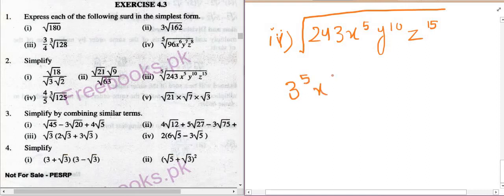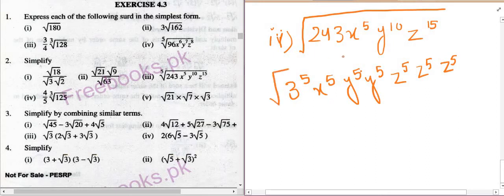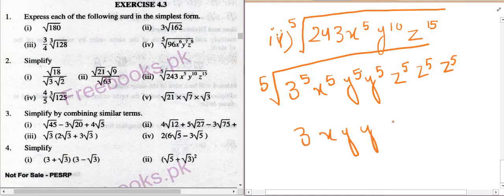Okay, x^5 we can write it as x^5, y^10 as y^5 twice, and z^15 is z^5 thrice. This is the fifth root. Just cancel, some cancellation. You will get 3x y square z cube.